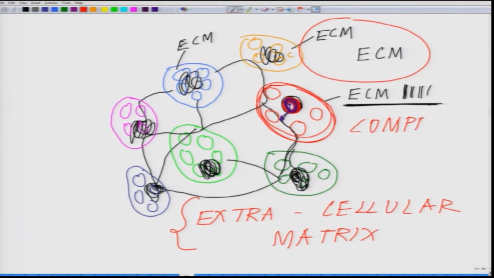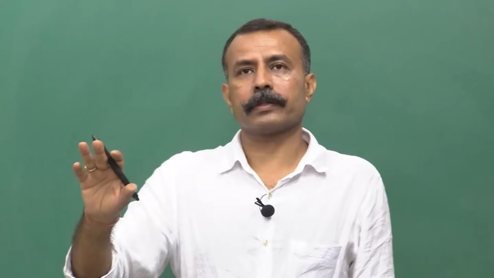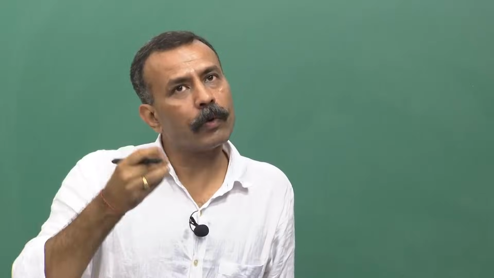So for those who are from outside biology, you can call it the compromised ECM barcode. This is how you should remember it. The barcode has been compromised. When the barcode is compromised, they can cheat anybody, and they do cheat. They go to some other part of the body and then create ruckus. So this is how it works.